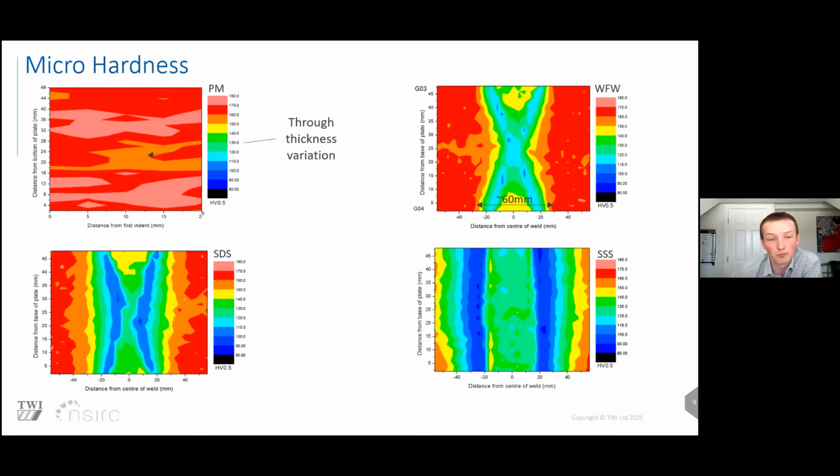We also see that with all three welds, the lowest hardness point is actually in that interface between the stir zone, where the grain structure, as I showed previously, was equiaxed and refined, and where that meets the heat affected zone, which is a larger bimodal grain structure, with a contrasting grain structure, and this is causing a reduction in hardness.